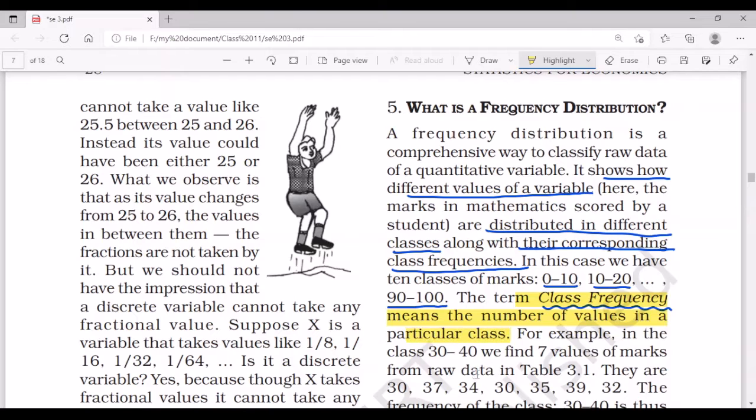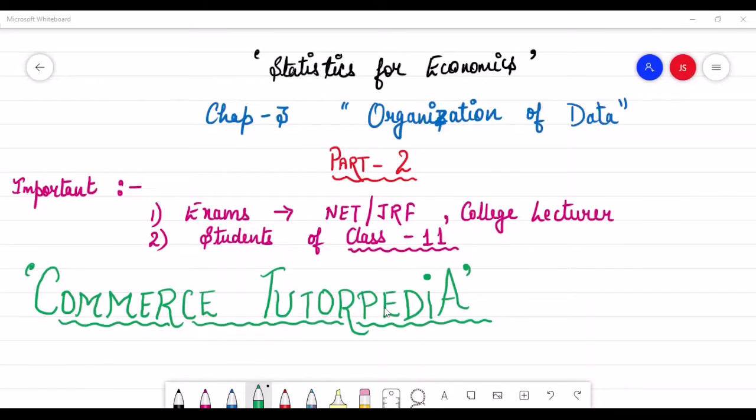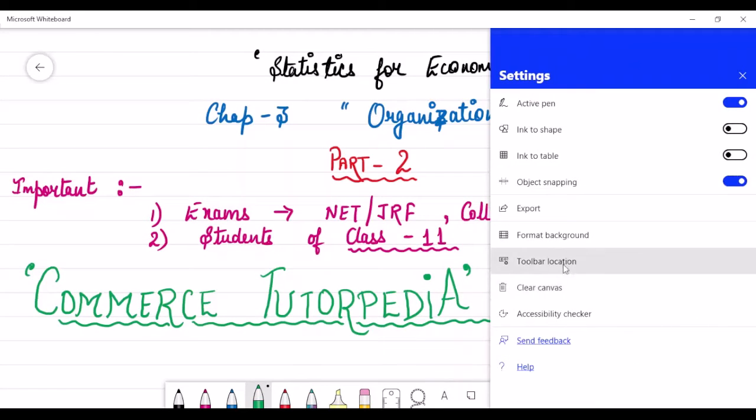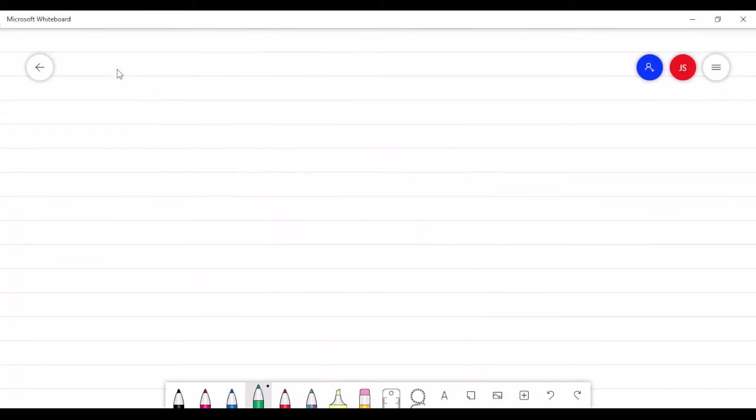Now, what we need to write down is, first, what is frequency distribution. So write down the heading frequency distribution. What is a frequency distribution?